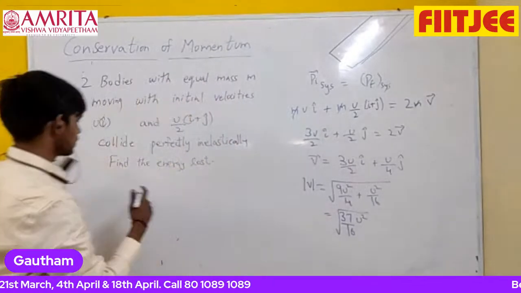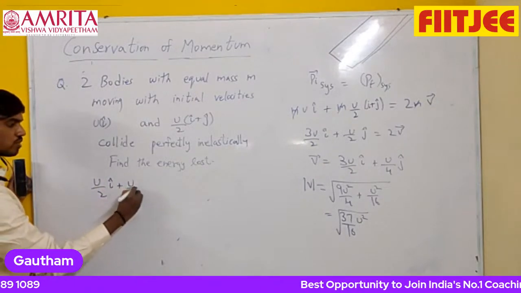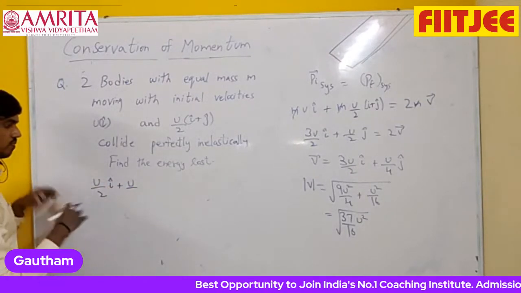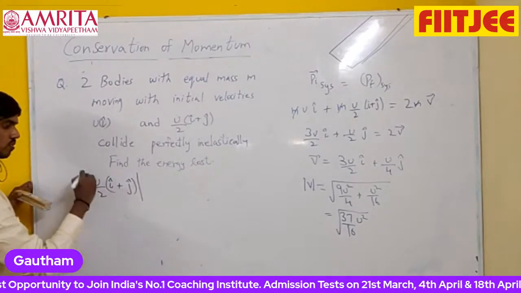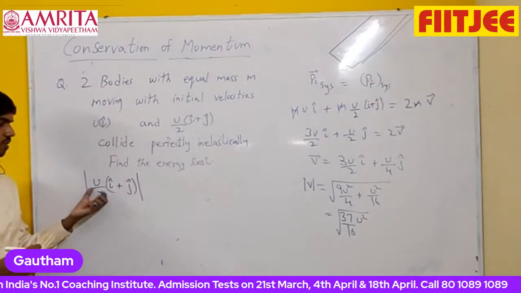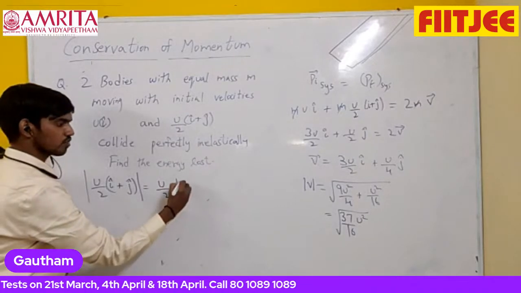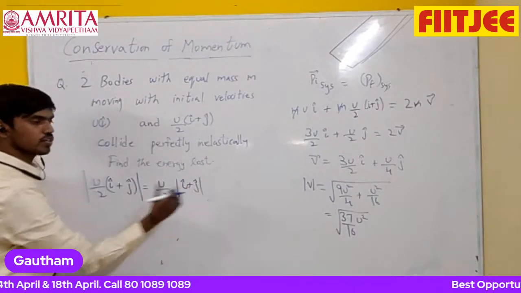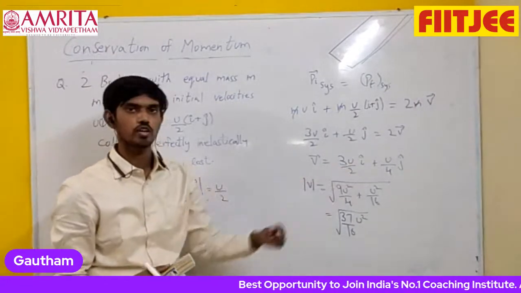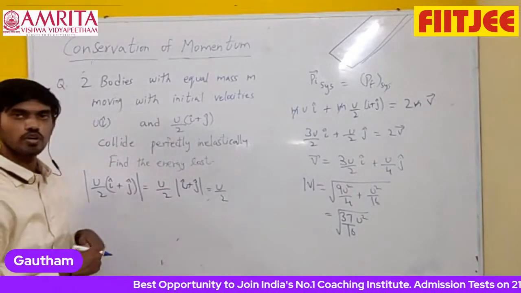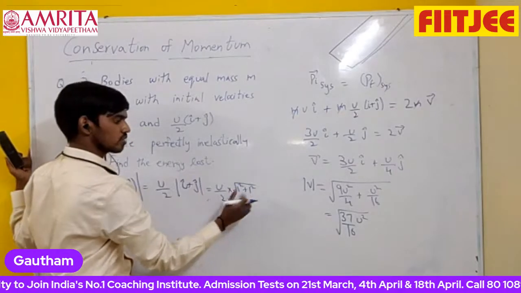So here, u by 2 i cap plus u by 2 j cap. For the magnitude of this body's velocity, if there is a common term in both, we can write that term as it is: u by 2 into magnitude of i cap plus j cap. The magnitude of this vector follows the same logic, x component square plus y component square. The x coordinate is 1, the y coordinate is 1, so root over 1 square plus 1 square, that is root 2.